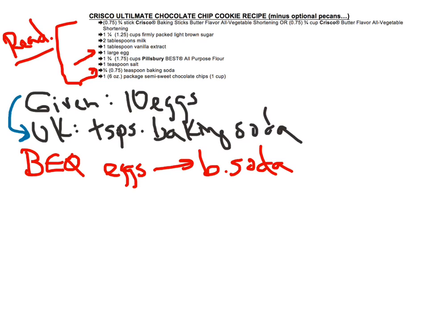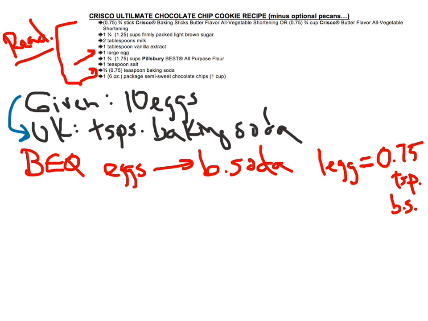So in terms of this ratio, I know that for every one egg, that's equivalent to 0.75 teaspoons of baking soda. I'm going to say BS there, and that can be taken a lot of ways. It's baking soda, folks. It's baking soda.